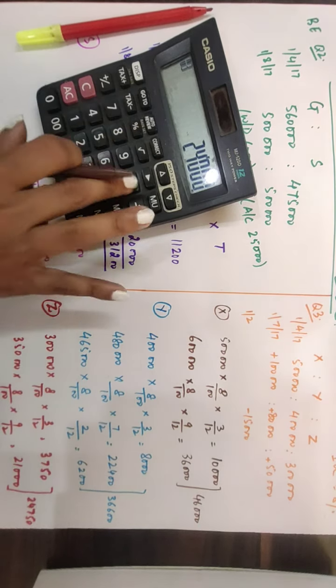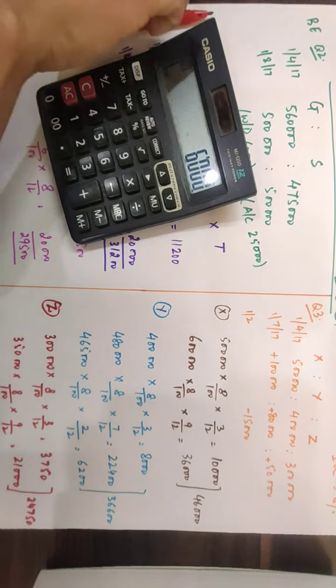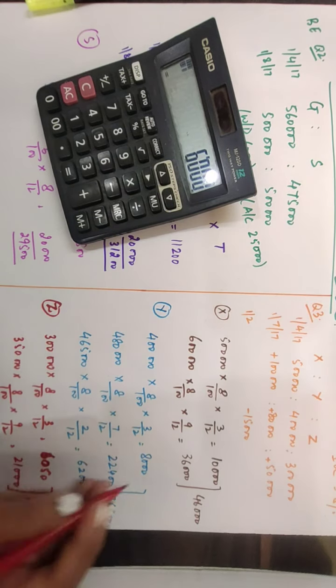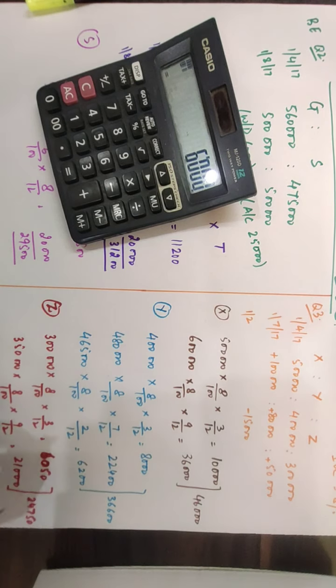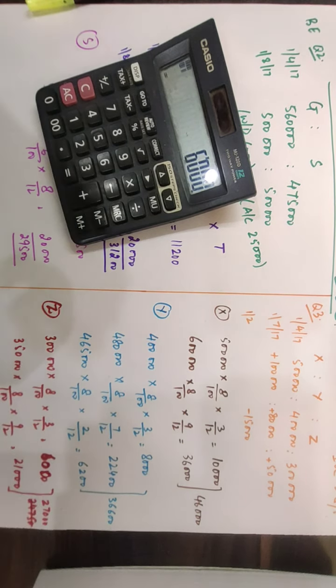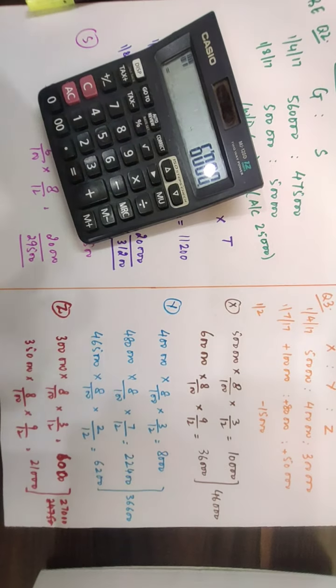Three lakh into 8% into 3 upon 12. I think there is some calculation mistake. Here it is coming 6,000. I feel like if it is 10 and 8, how can it be 3,000 here, right? 6,000 here, and 21 and 6 gives you 27. Yeah, now this is okay, right?